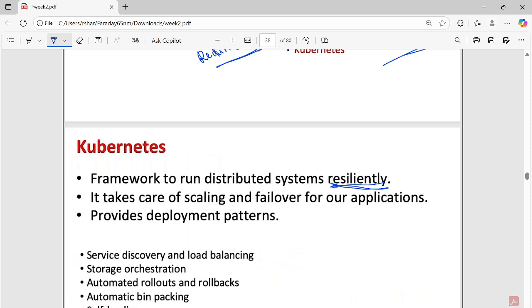Let's see the very specific things, and the importance of Kubernetes. The first thing is service discovery and load balancing.